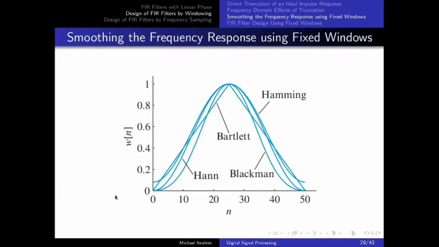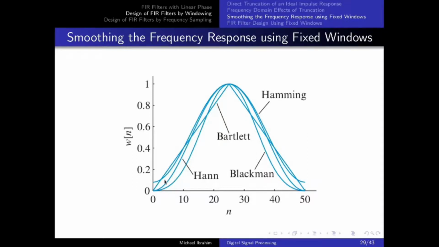Instead of suddenly jumping from 0 up to 1 as in a rectangular window, we have a gradual transition from 0 increasing gradually up to the middle of the window duration and then decreasing gradually again. This gradual transition will reduce the ripple size in the frequency domain and hence will reduce the ripples we have in the pass band and stop band.